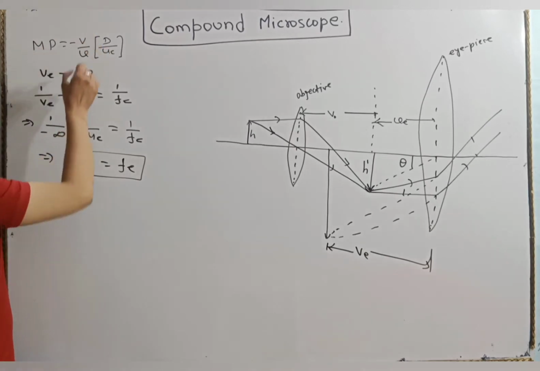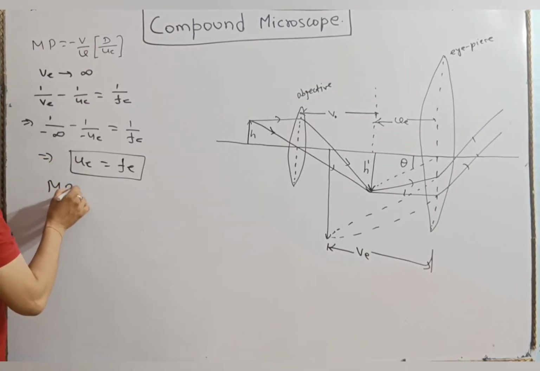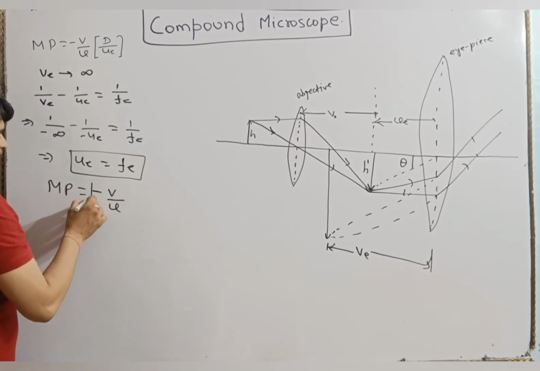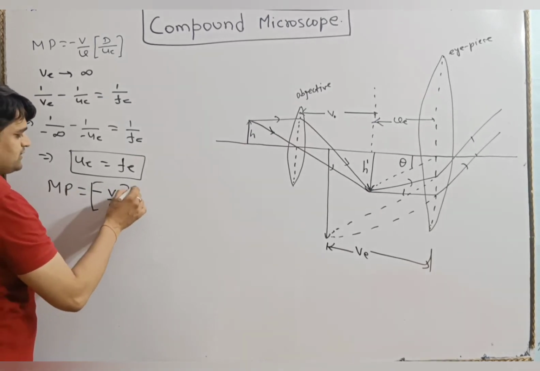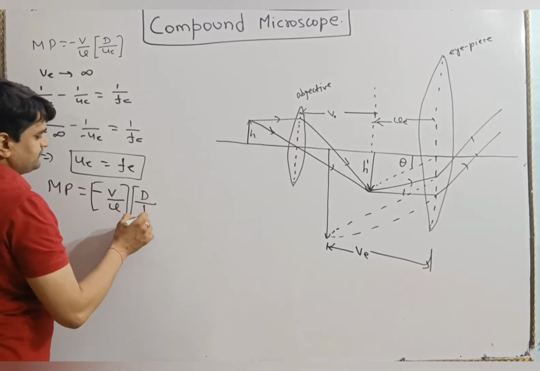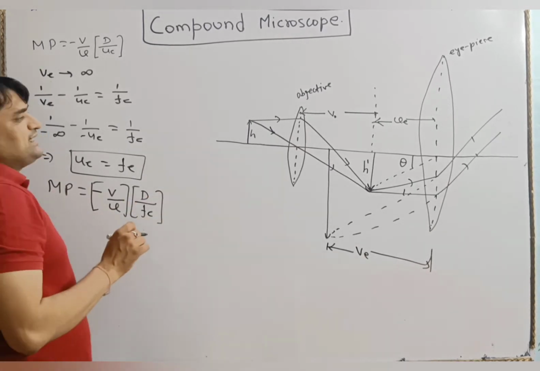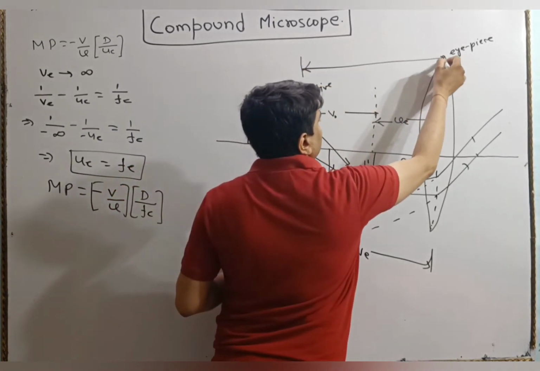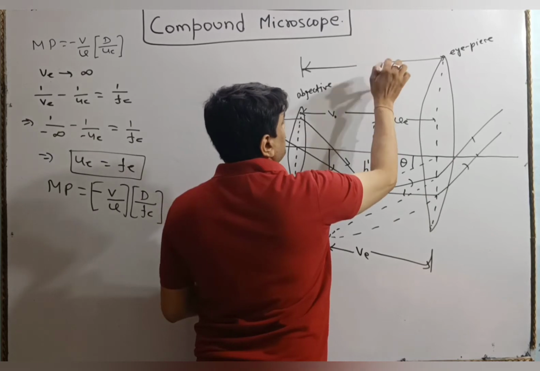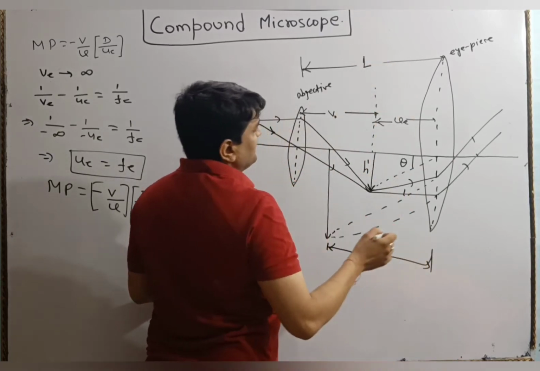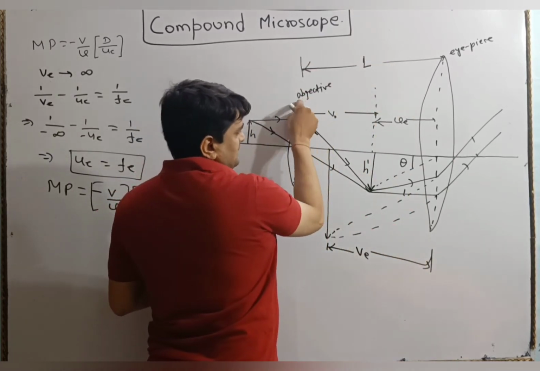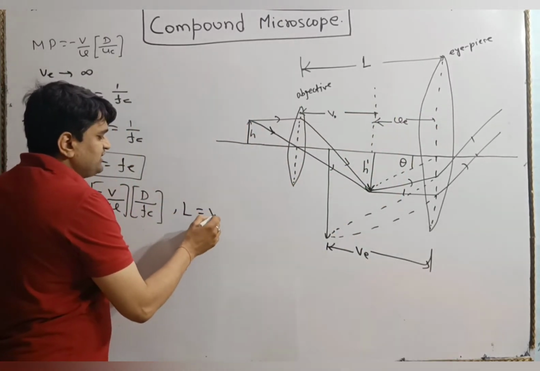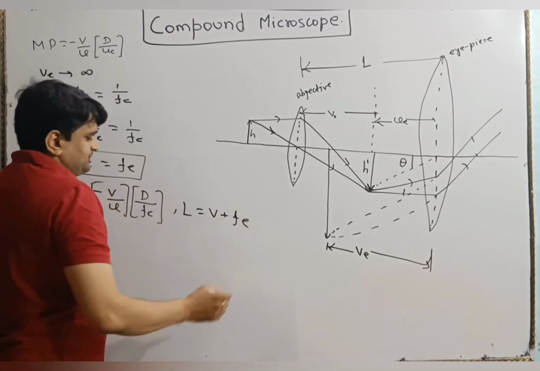In this case, magnifying power will be V upon U into D upon FE. And tube length: the distance between the objective lens and the eyepiece is called tube length, and that is called L. L is V plus UE. In this case, L will be V plus FE.